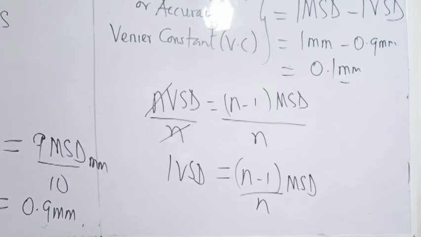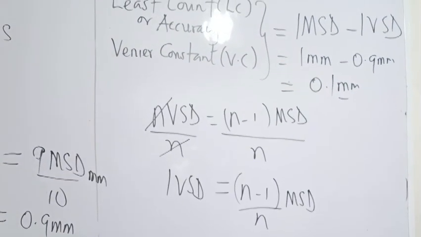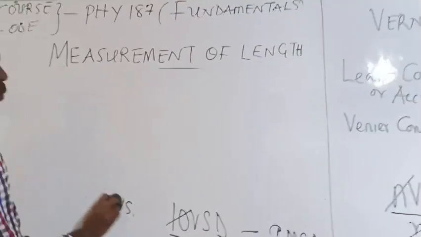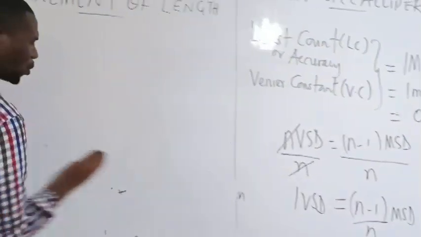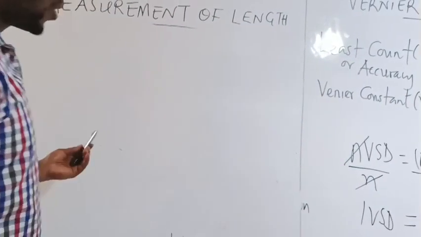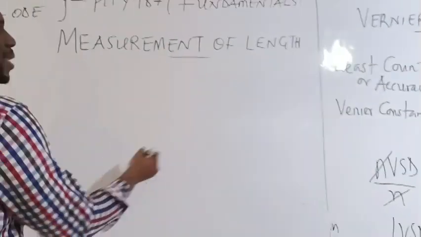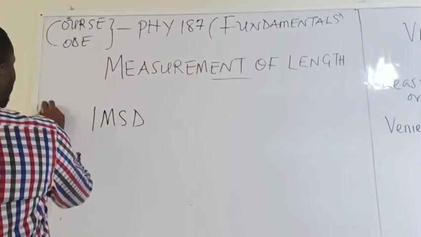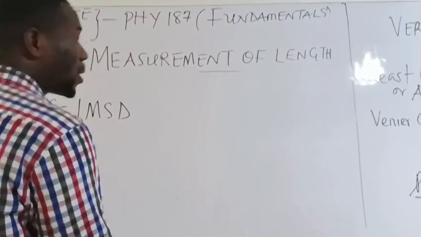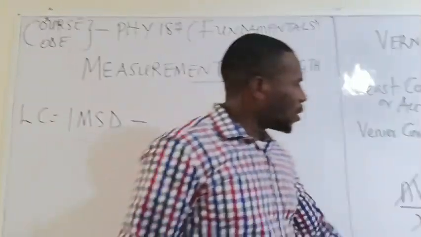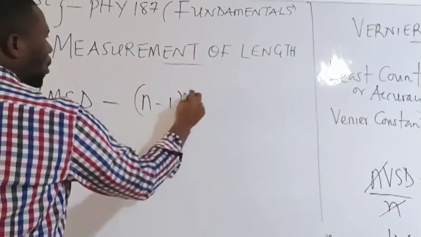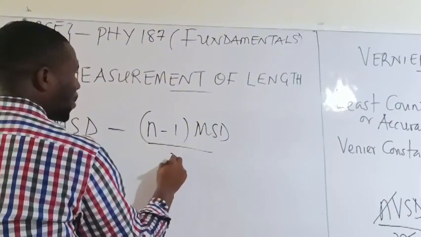Now, the least count, aside from being 1 main scale division minus 1 Vernier scale division, which we saw as 0.1 millimeter, can be found another way, and you can use whichever you prefer. So least count, or Vernier constant or accuracy, is 1 main scale division minus 1 Vernier scale division, which is (n minus 1) main scale divisions divided by n.